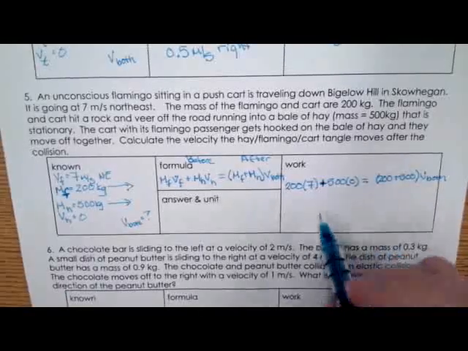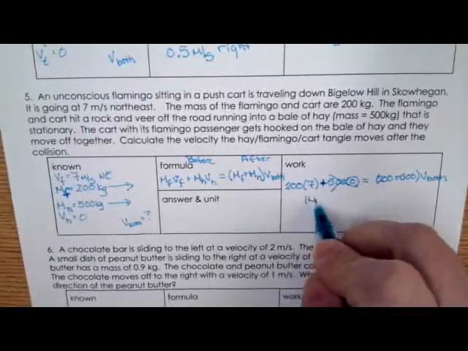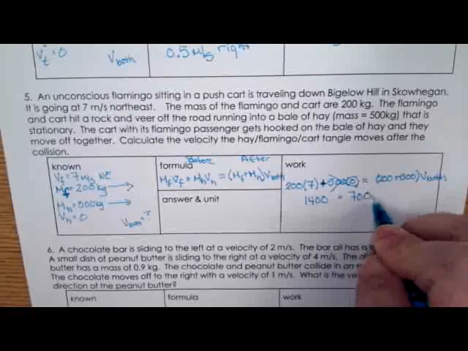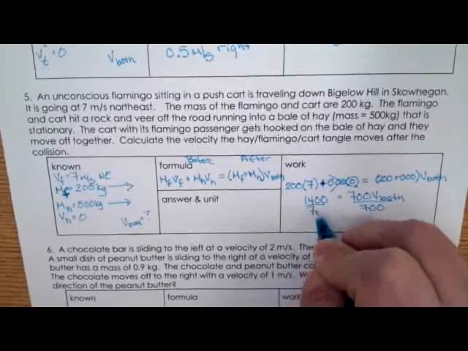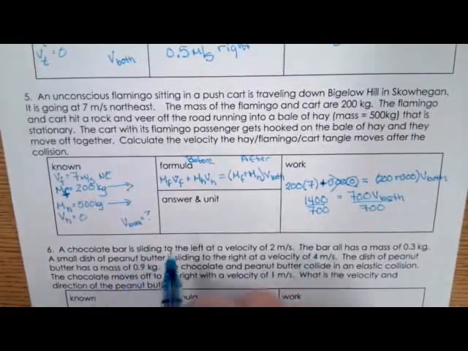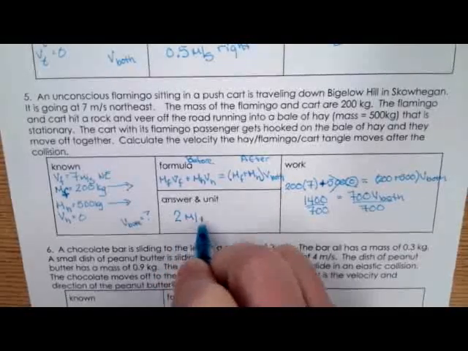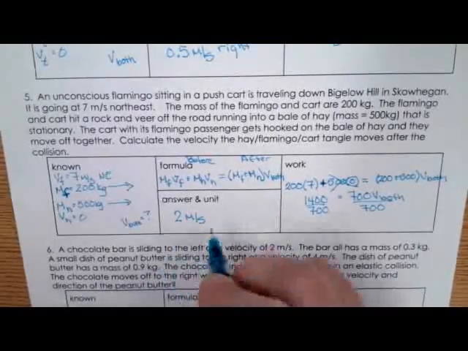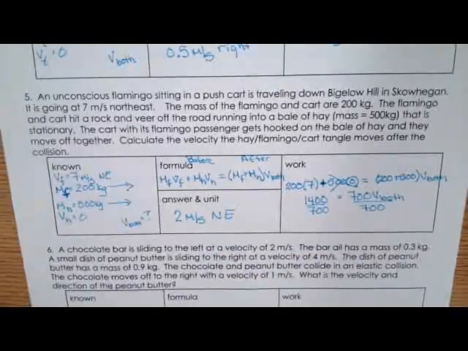Okay, so this we can ignore. 7 times 200 is 1400 equals 200 plus 500 is 700 times the velocity of both. We're going to divide both sides by 700. And lo and behold, after all of that business, the velocity is 2 meters per second, and they're going to the northeast. Okay, woo, that was a lot.